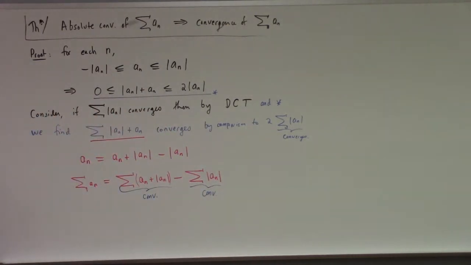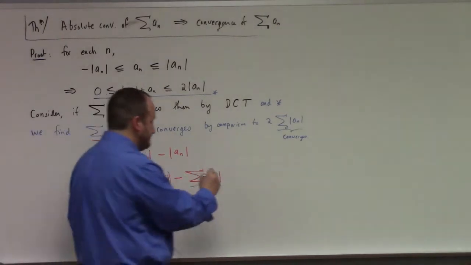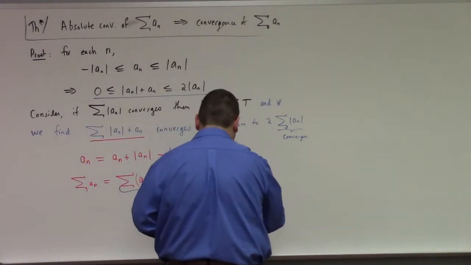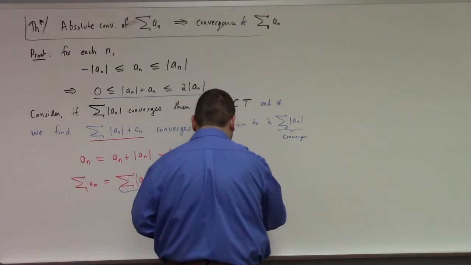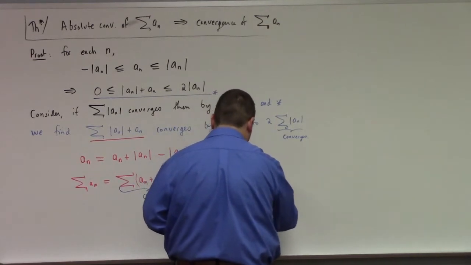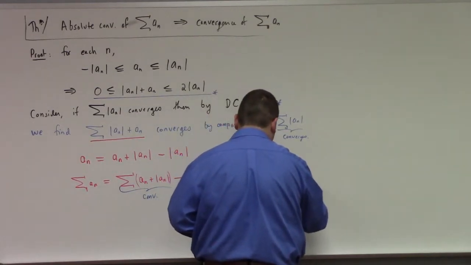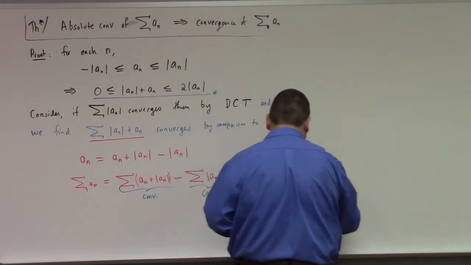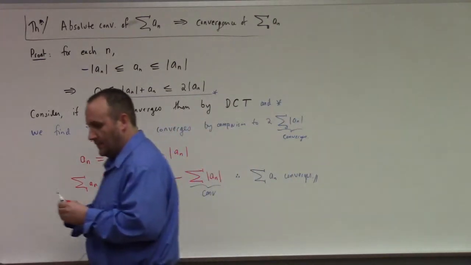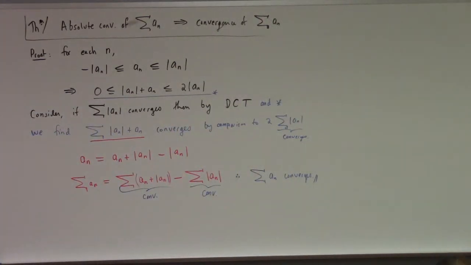The difference of convergent series is, again, a convergent series. So again, in words, the theorem simply says absolutely convergent series are convergent.